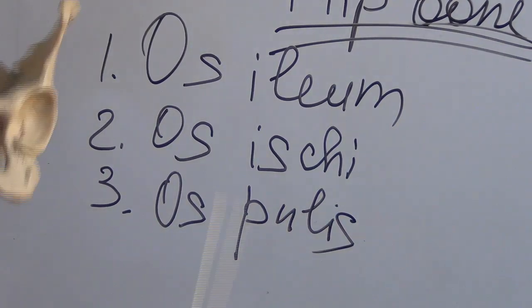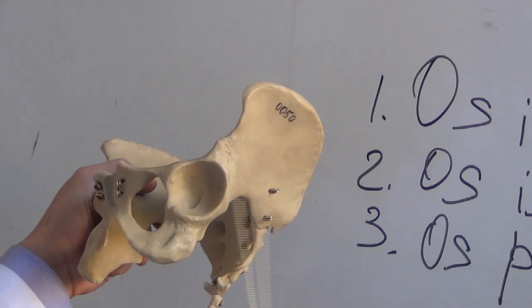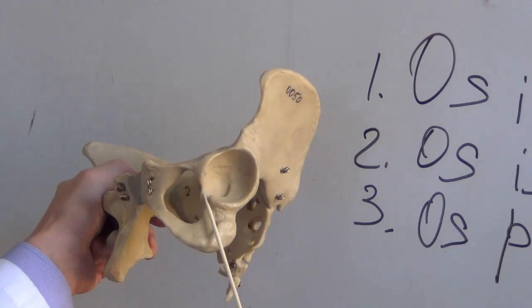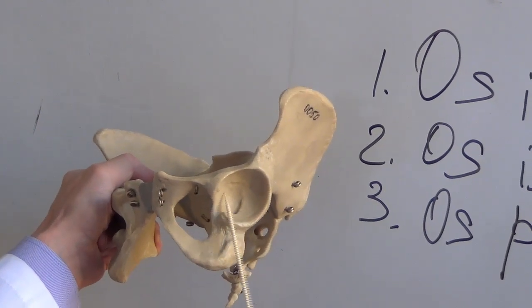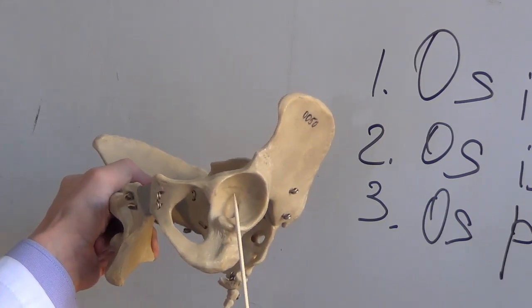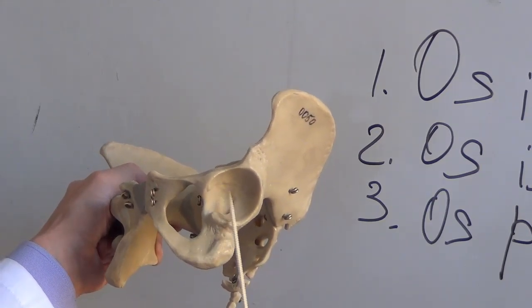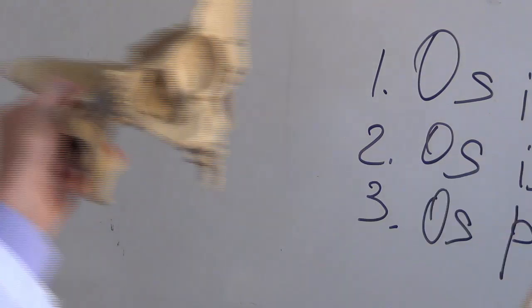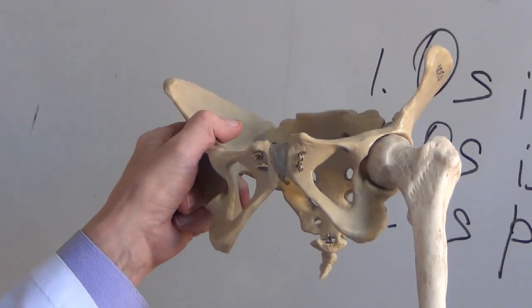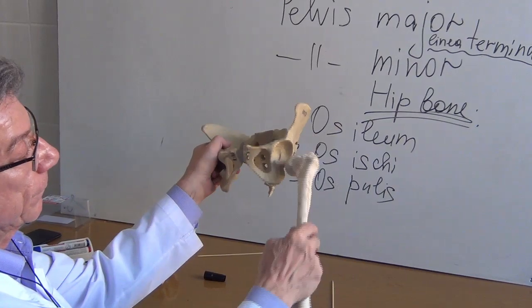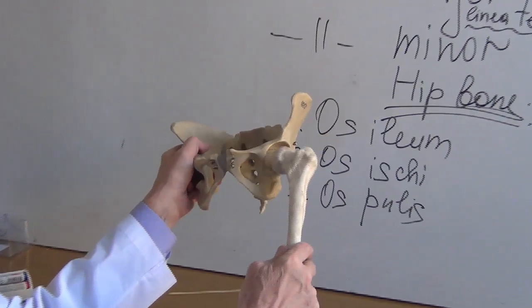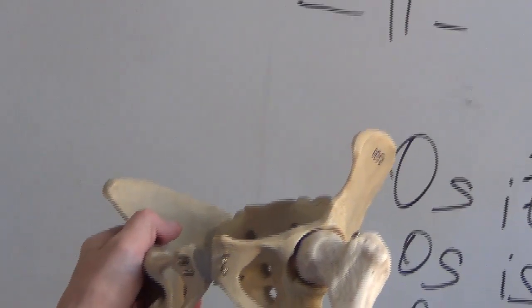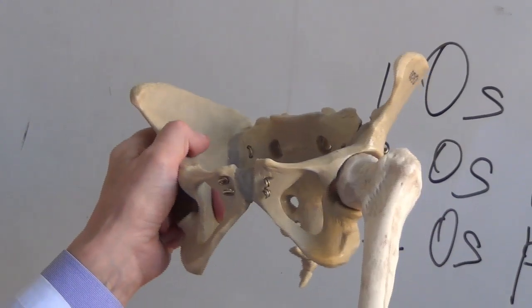These 3 bones connect with each other in this place, which serves for joints with femur, the main bone of lower extremity.